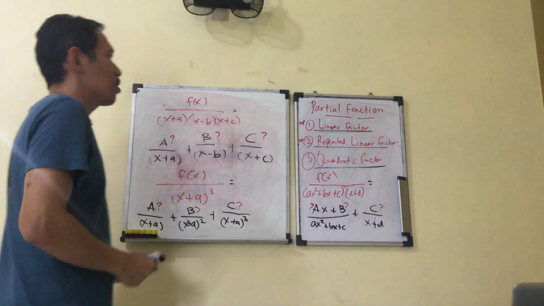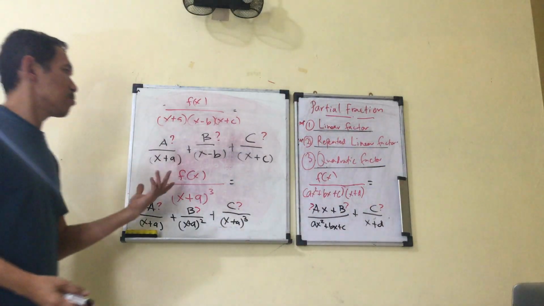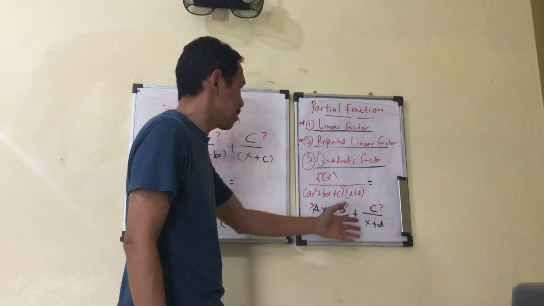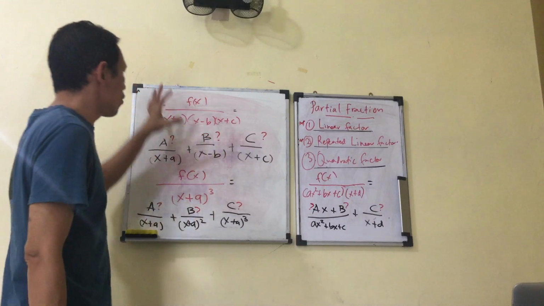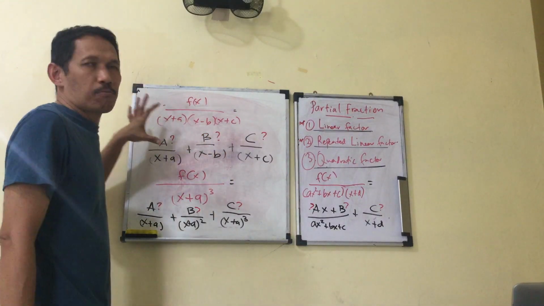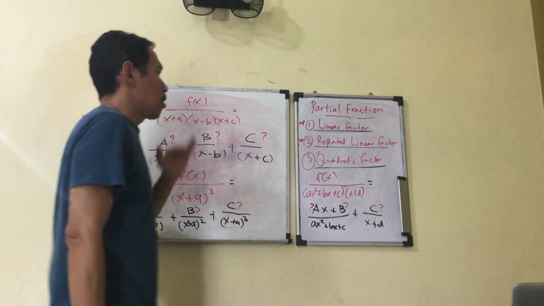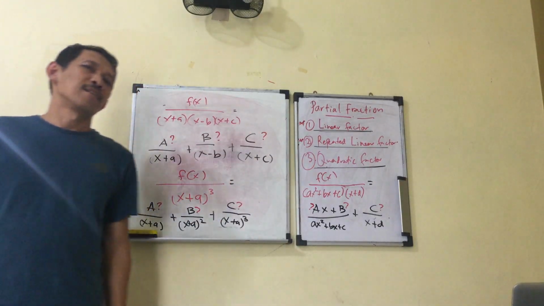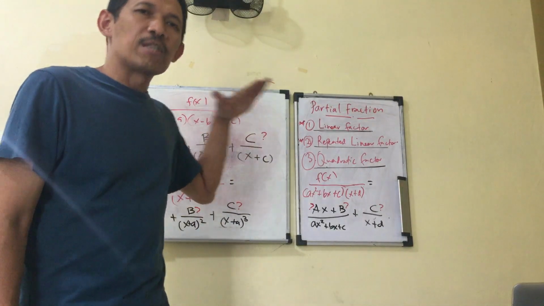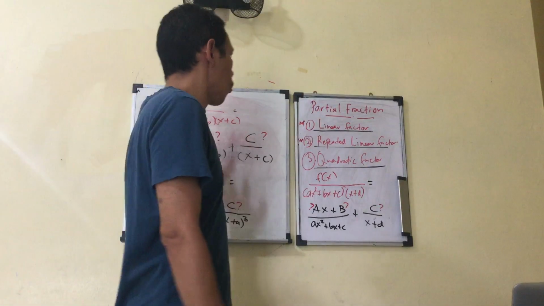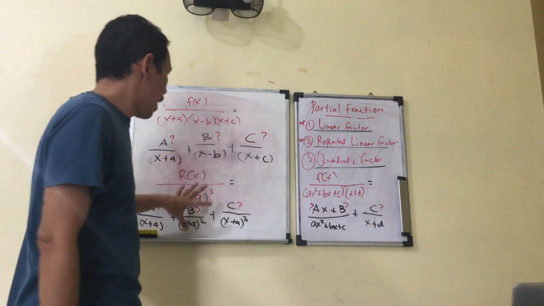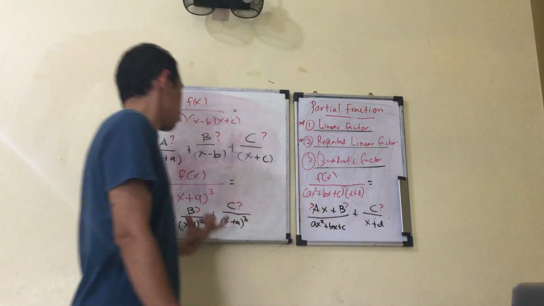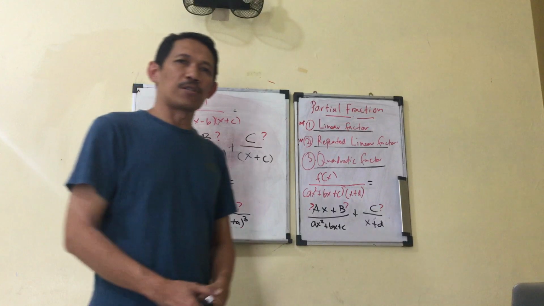So to solve this type of partial fractions, first of all, you have to define whether the problem is linear, repeated linear, or quadratic factor. When you define that, then you can choose which values of A, B, C to find, and which solution you should use to solve your partial fraction.